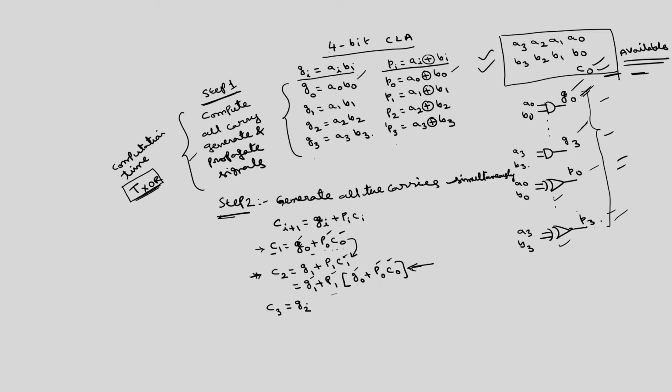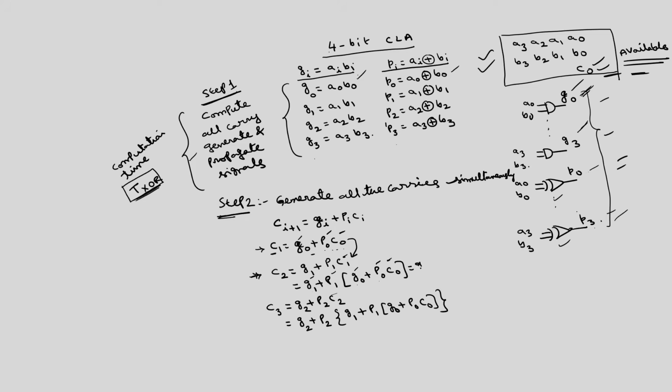is G2 plus P2 C2. We have to substitute C2 as G1 plus P1 into G0 plus P0 C0. Again, we further simplify this expression so that we will get the simplified circuit.